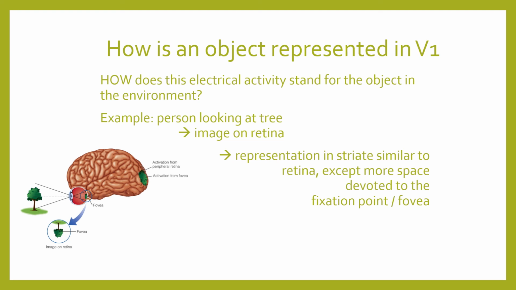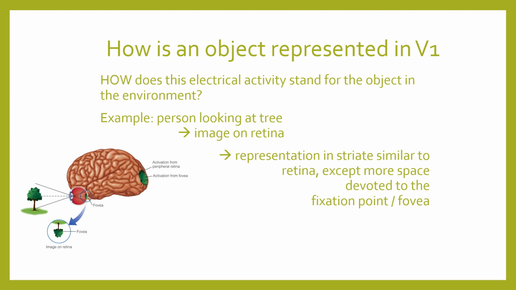We want to get to this question of how is an object represented in the primary visual cortex, in V1 or the striate cortex. How does this electrical activity stand for or represent the object in the environment? So we have, in this example, a person looking at a tree. We have that image hitting the retina. The photoreceptors are firing. The retinal ganglion cells are receiving their information.